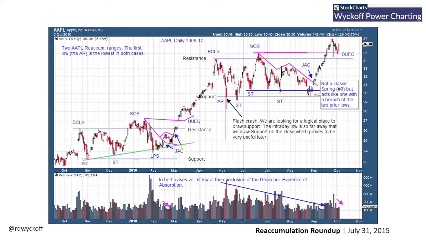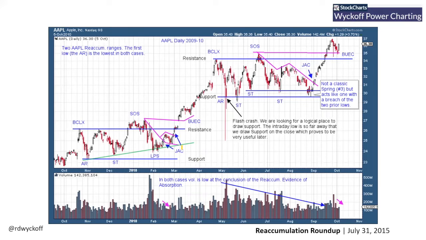There's two reaccumulations in the course of this chart. This is a daily chart, and it has two reaccumulation structures, and this is what makes them so powerful: you get one accumulation as a stock completes and gets ready to enter into a new bull market. With reaccumulation, you could have 3, 4, 5, 6 reaccumulation periods in an ongoing uptrend that could last 2, 3, 4, 5 years.